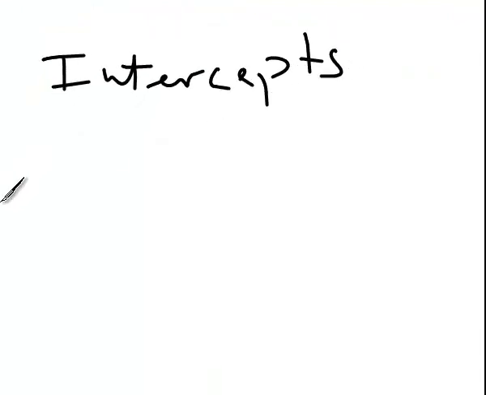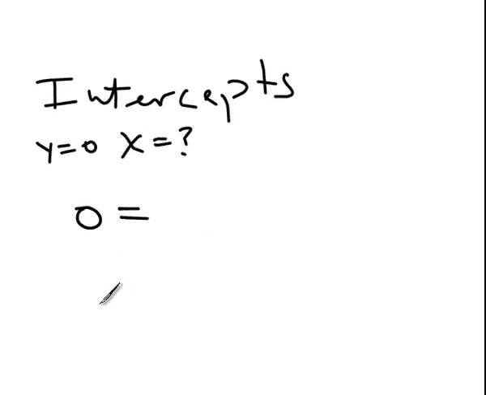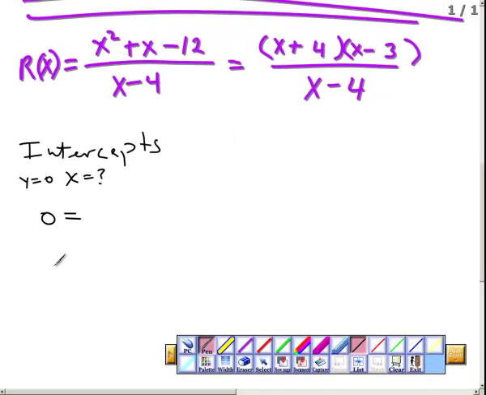Okay, and what do we do to find our x-intercepts? Anybody? Yeah, set y equals 0, solve for x. So what are we going to use here? 0 equals what? Yeah, we just use the numerator, right? Because if we use the denominator it just goes to 0 anyways.